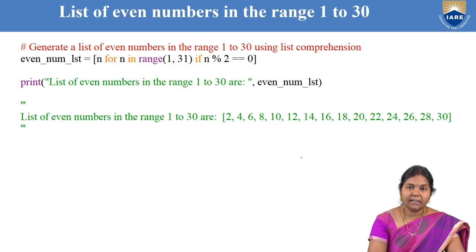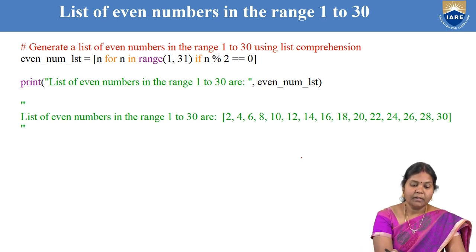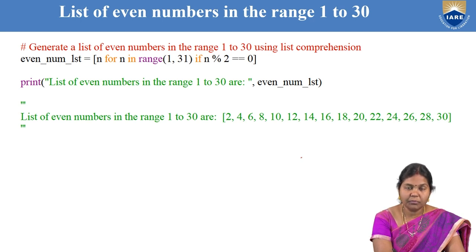Now let us see another example where we want to find the list of even numbers in the range of 1 to 30. You can write it like this: for every n in range(1, 31), we write an if conditional.